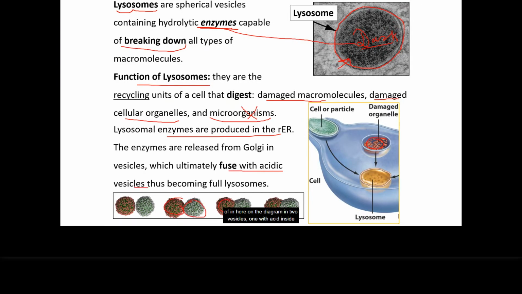Two vesicles, one with acid inside and the other with specialized enzyme produced in the rough endoplasmic reticulum, will fuse together, and this is what will become these lysosomes. This acidity is important because enzymes inside of the lysosomes will only function in the acidic environment.